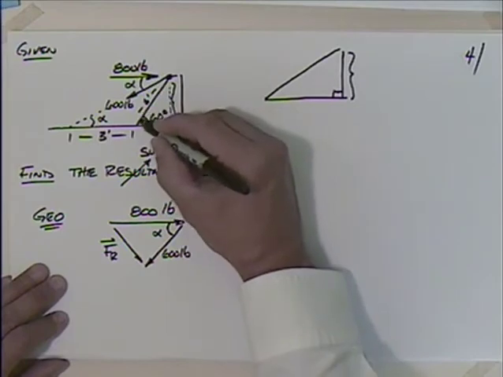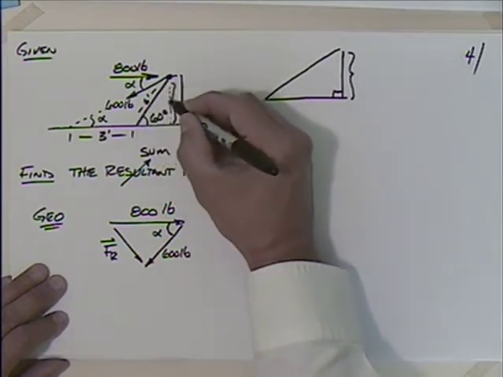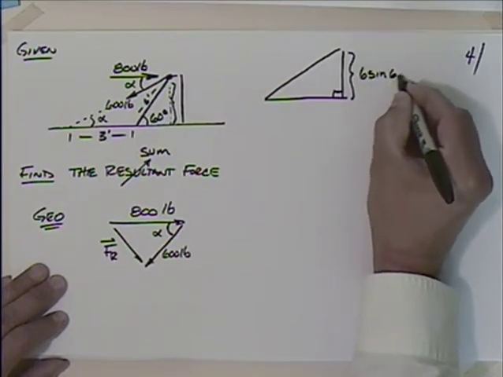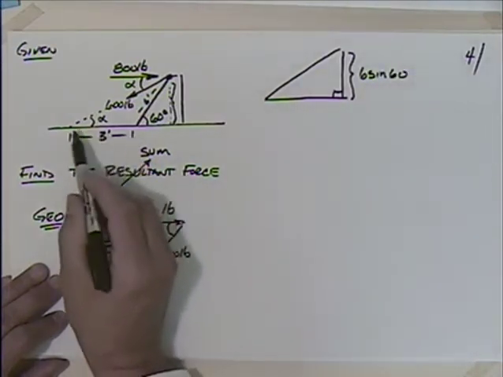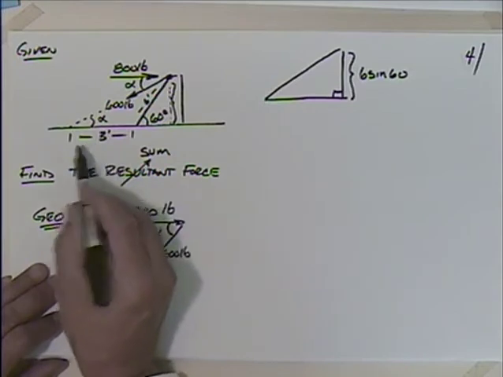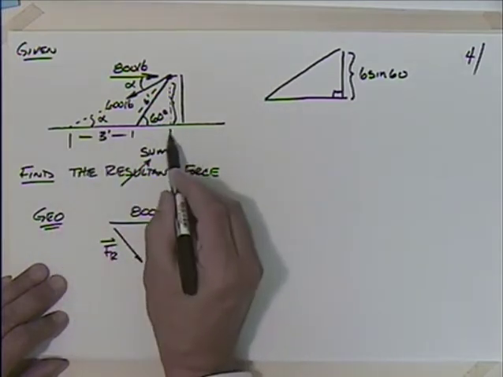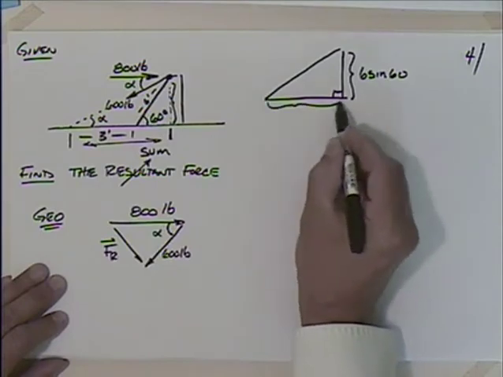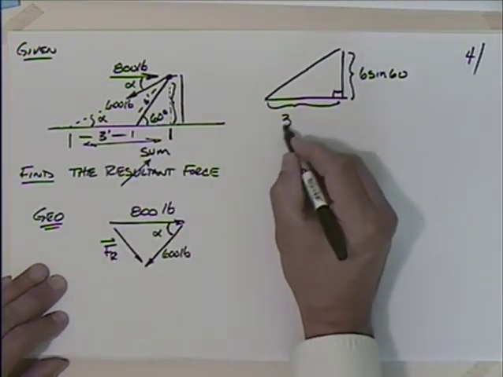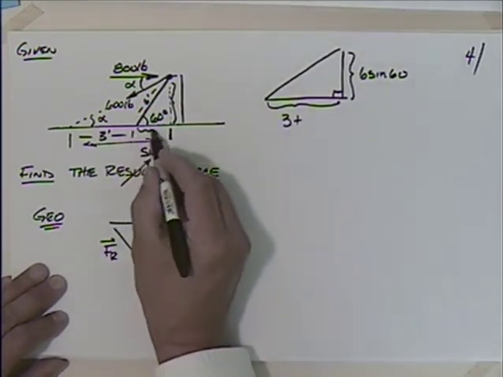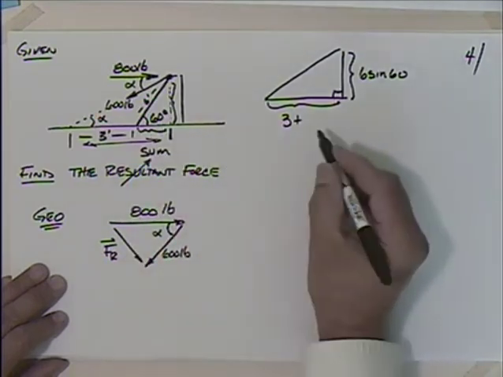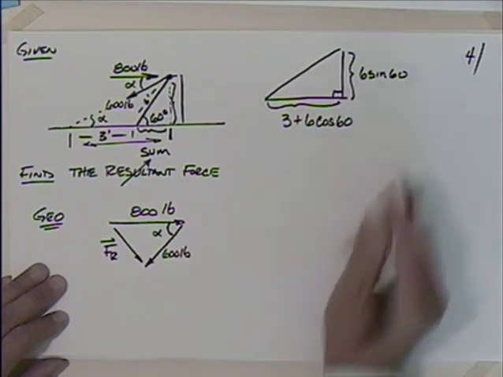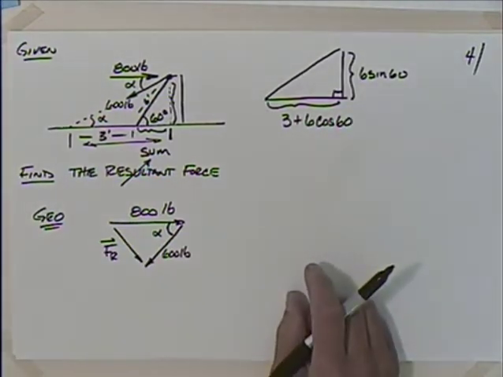I've got this side here that's 6, so this is going to be 6 sine of 60. And then this side over here, which is from here clear over to there, across there, right? So this is going to be 3 plus, and then I need to add that little piece to it, don't I? Which is going to be what? 6 cosine of 60. Okay.